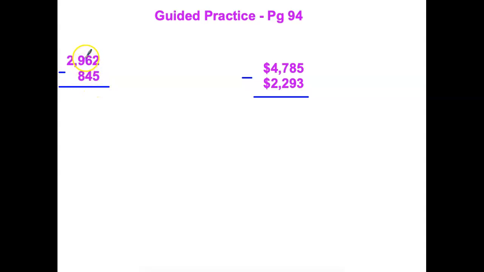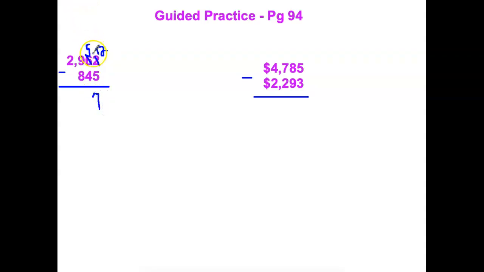So I need to go to the tens. I'm going to regroup one of the tens. So if I take one from there, it's going to be 5. And that one group of 10 I took is actually 10 ones. Well, if I have 10 ones plus 2 ones, I now have 12 ones.